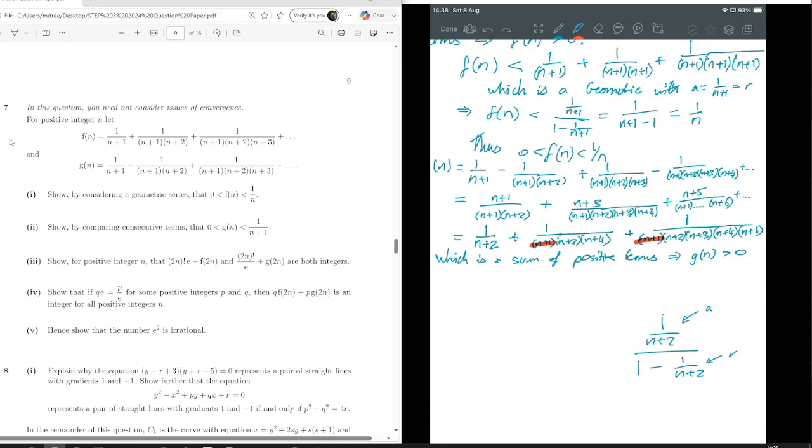We can only make the denominators smaller to make the whole fraction bigger. Well, we can't make that denominator smaller to turn it into an n plus 2.